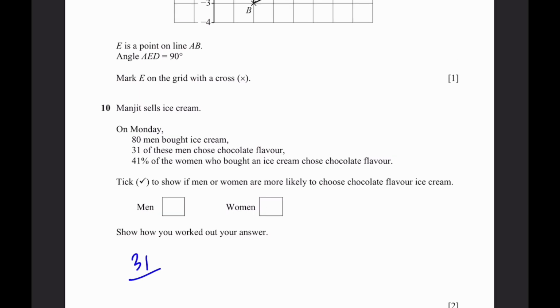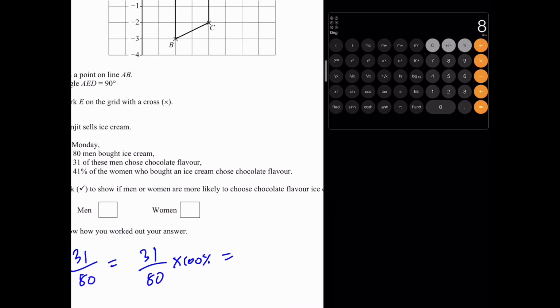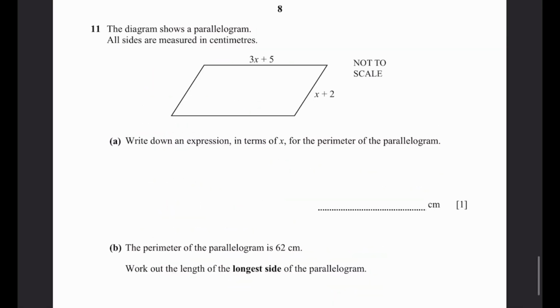So 31 by 80, in percentage, we just do 31 by 80 into 100%, which is equal to, let's get our calculator out. 31 divided by 80 into 100, you get 38.75%, which is less than 41%. So that means women are more likely to choose chocolate flavor ice cream. That's the answer. Question 11.